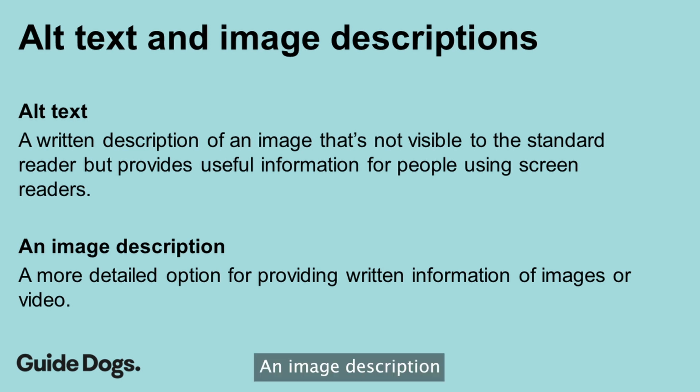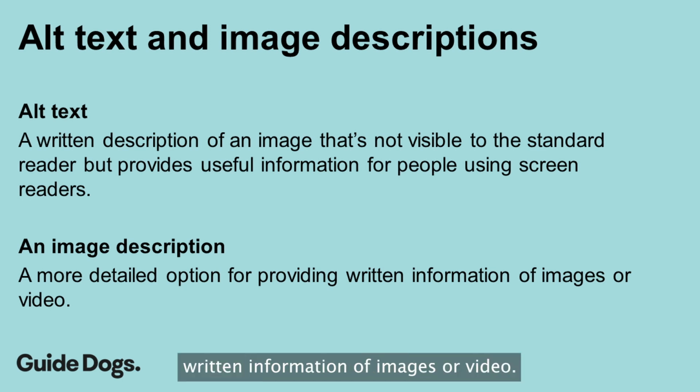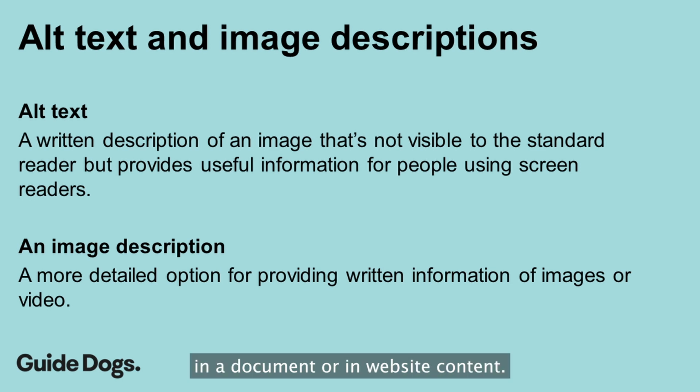An image description is a more detailed option for providing written information of images or video. This is more like an image caption, providing additional information and detail of the entire image. These are often used in emails, under photographs in a document, or in website content.